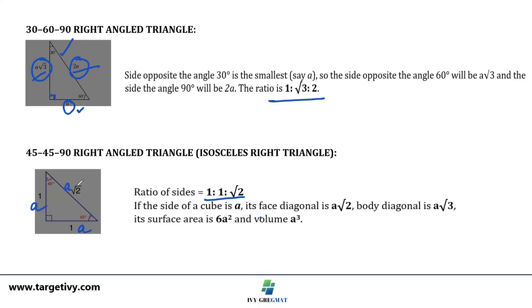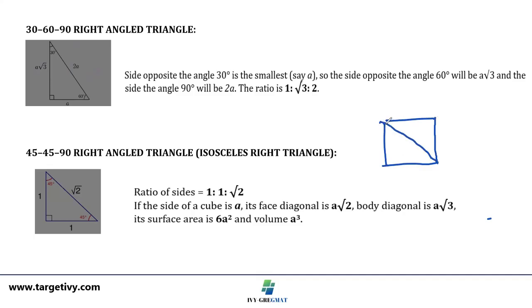Think about it this way. This is a right angle triangle, isosceles right angle triangle. I can extend this like this. So it's actually a square broken into 2. If I draw a square, and if I draw a line like this, then the sides become A and A root 2.